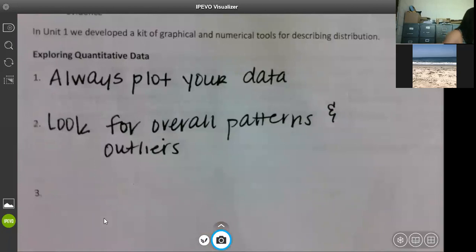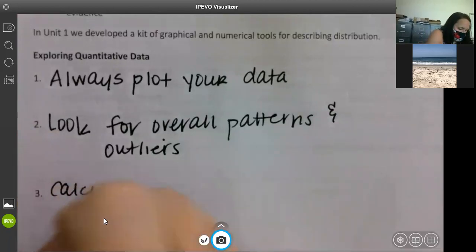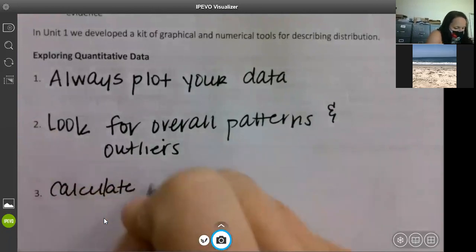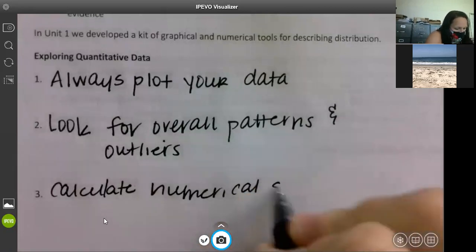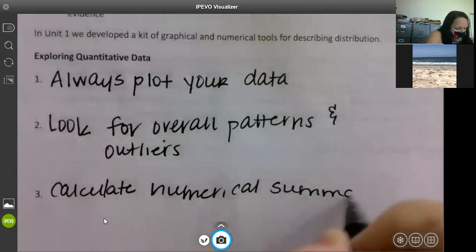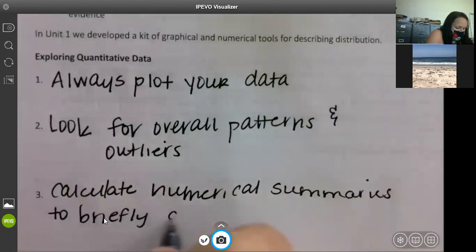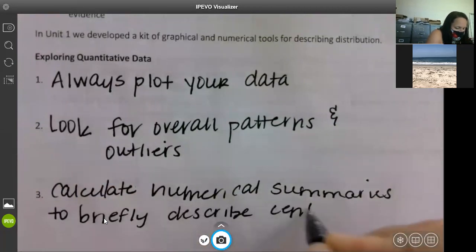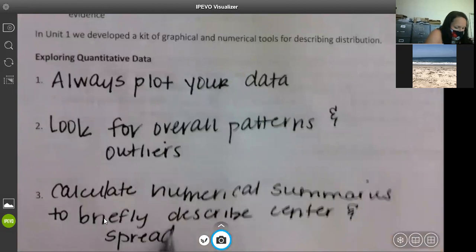Okay. 3 is calculate numerical summaries to briefly describe center and spread. What can we calculate to describe center and spread?